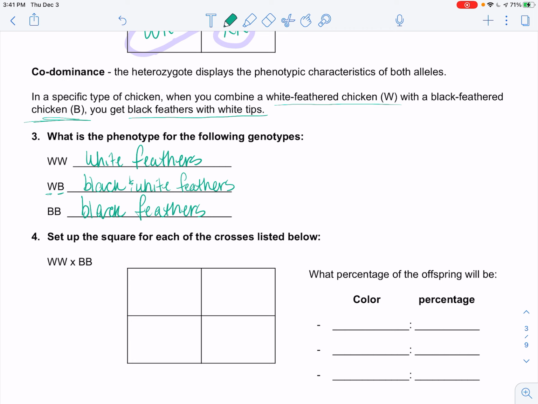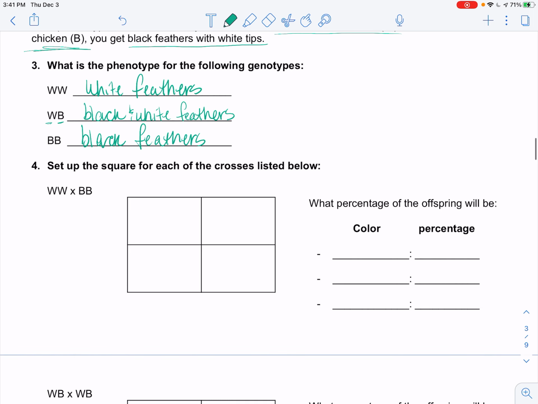Okay. Now, you set them up exactly the same that we did before. So here we've got big W, big B, big B. Again, this is your P, or your parent generation. This is your F1, your first filial generation. And we're going to bring down BW. Actually, we've been doing it the other way, so let me go back. So WB, again, it doesn't really matter.